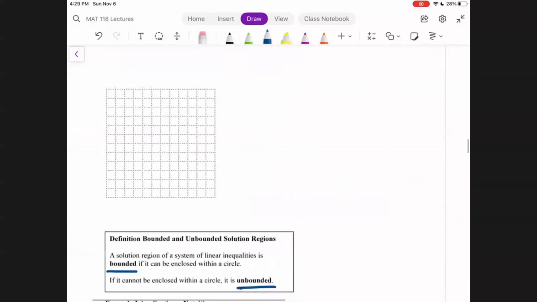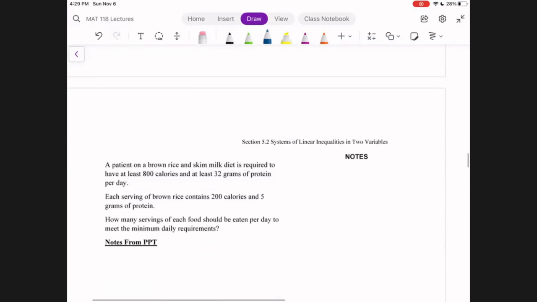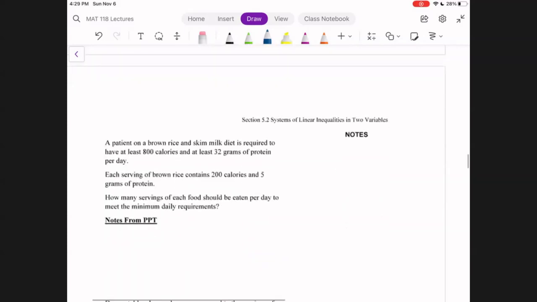So to keep going, there's this application here. It says a patient on a brown rice and skim milk diet is required to have at least 800 calories and at least 32 grams of protein.